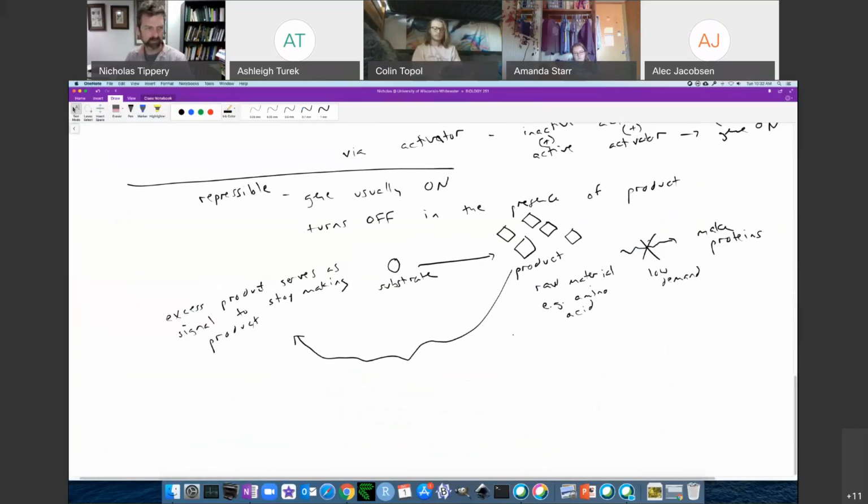So I'll just spell those out here in the notes. So an activator allows transcription to happen when it attaches to DNA.